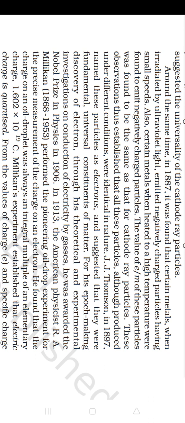These observations thus established that all these particles, although produced under different conditions, were identical in nature. J.J. Thomson in 1897 named these particles electrons and suggested that they were fundamental, universal constituents of matter. For his epoch-making discovery of the electron through his theoretical and experimental investigations on conduction of electricity by gases, he was awarded the Nobel Prize in Physics in 1906.